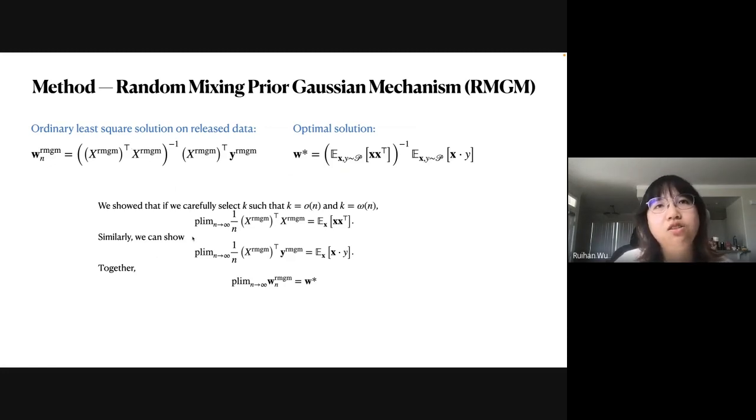Similarly, we can show that the X transpose Y terms also converge, and then together we can show that the learned weight will converge to the optimal solution when n goes to infinity.